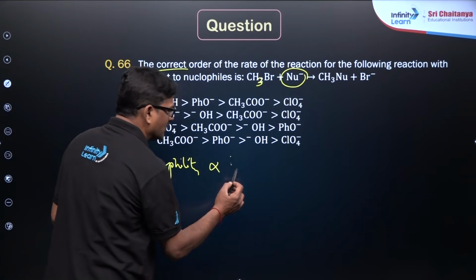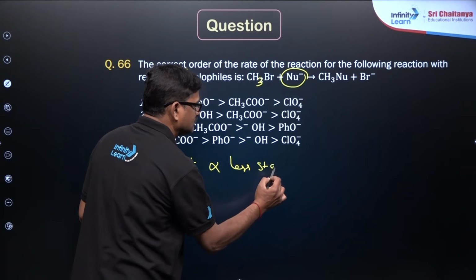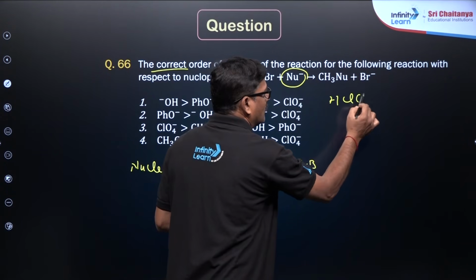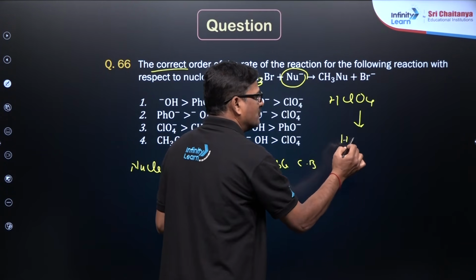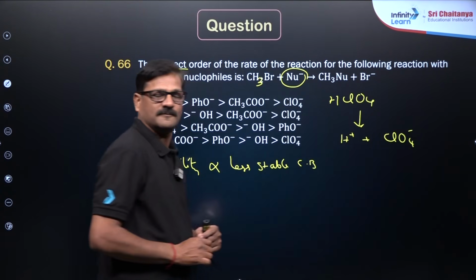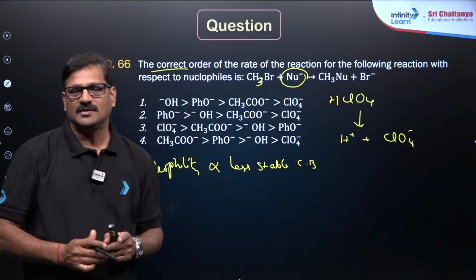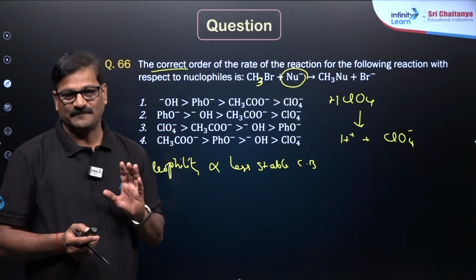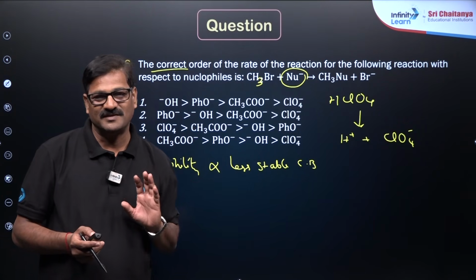So less stable conjugate base. If you see HClO4 gives rise to H plus and ClO4 minus, the perchlorate ion. It is going to have equivalent resonating structures, so that it is going to be more stable. So it is going to have less nucleophilicity.